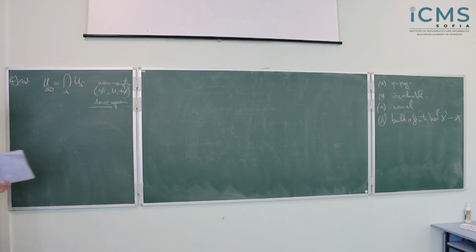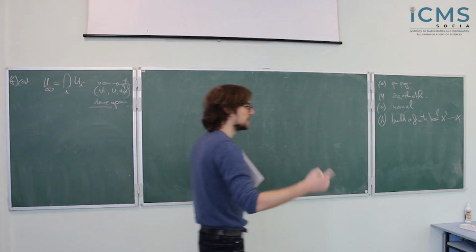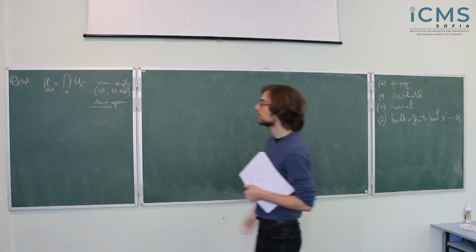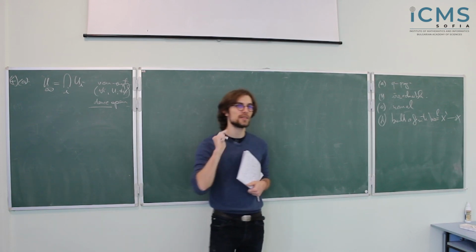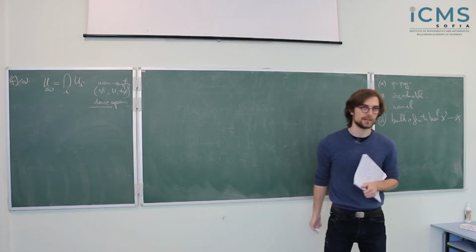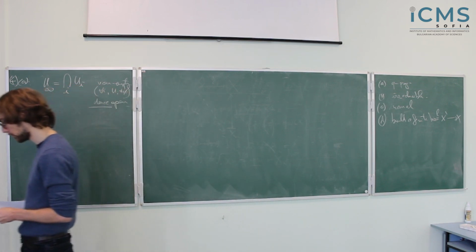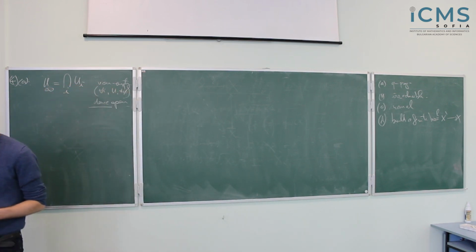In fact, in order to prove the gluing, what we actually do is prove that the maps agree on U infinity instead of just the overlaps. Why? Because of the density and the extension principle of identities, which we established a while ago when we were talking about regular functions.